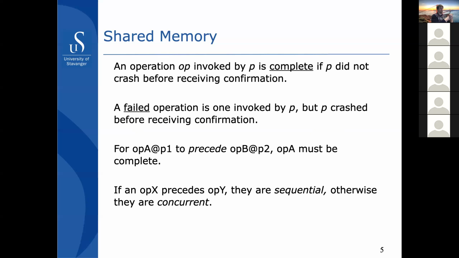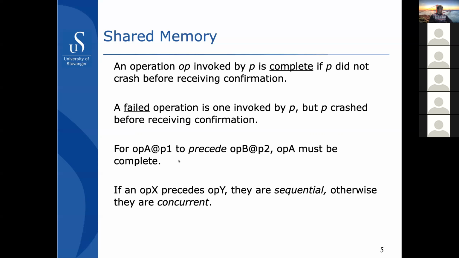This happens when the process P crashes typically. We also say that operation A at P1 precedes operation B at P2, and it can only precede another one if it's complete, meaning that it's finished and it has sent a confirmation.